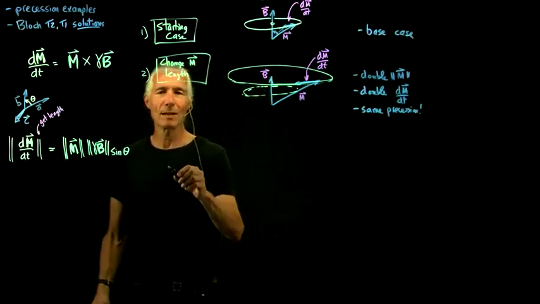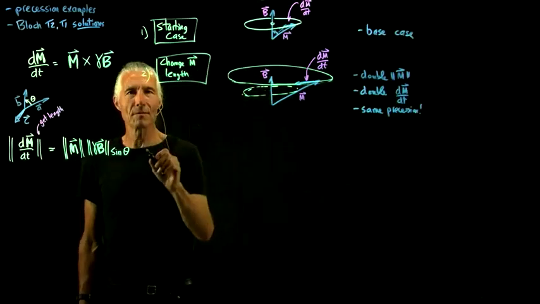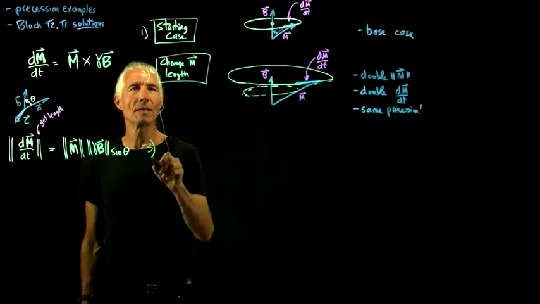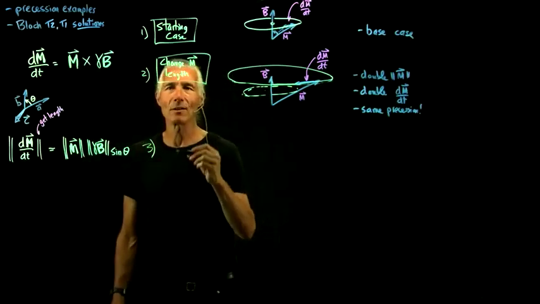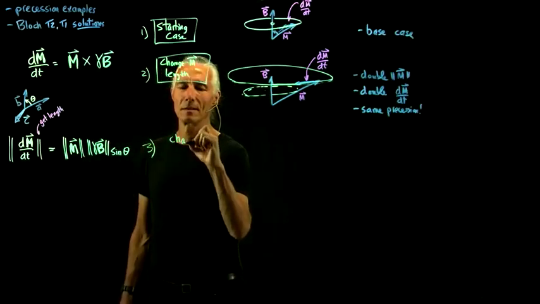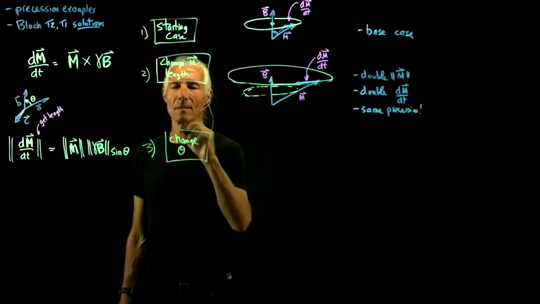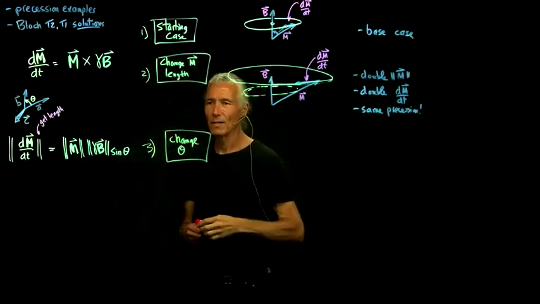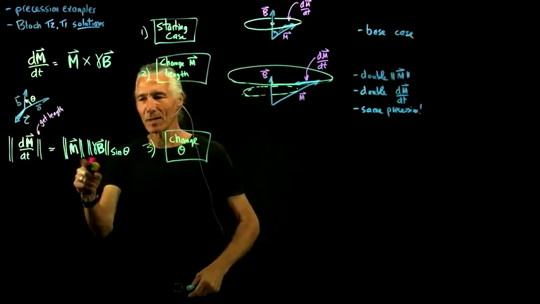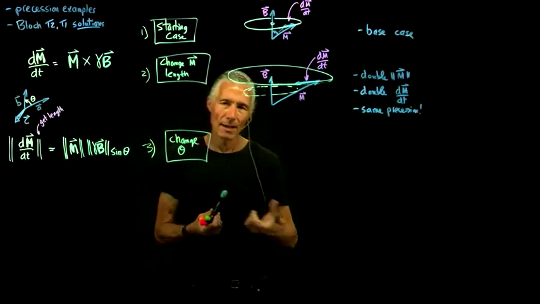So, a slightly more complicated one. What if we change the angle? So what happens if we change the angle? So like change this guy, leave everything else the same, but just change the angle. Now, how could we do that?